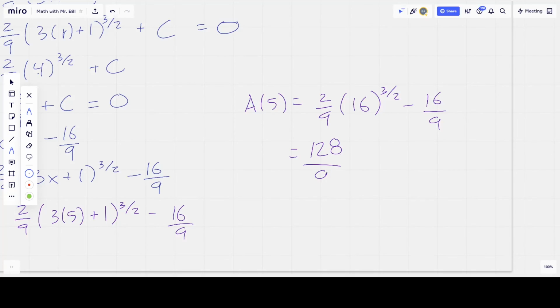So 128 over 9 minus 16/9. And we put those two together and we get 112 over 9. And that's the area underneath that curve, 112/9 units squared.